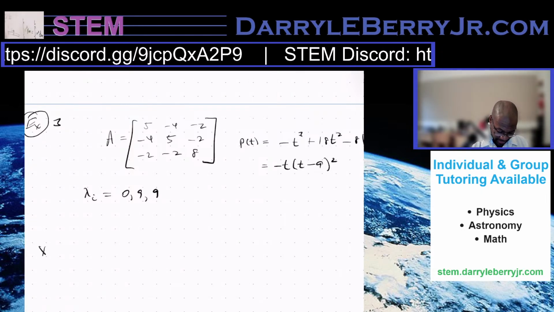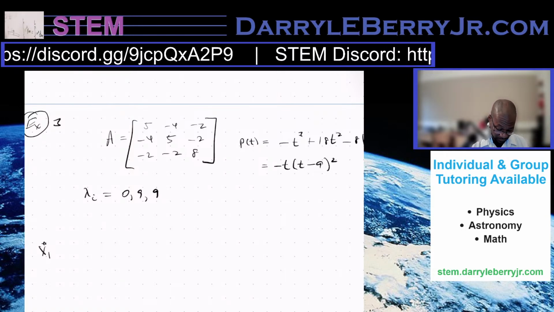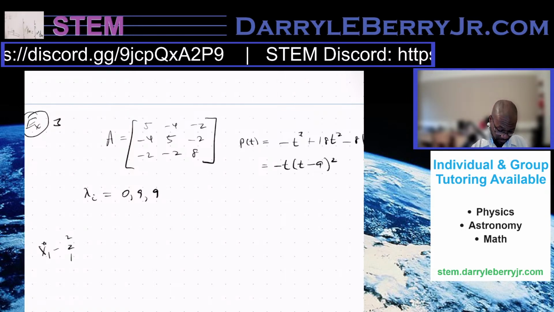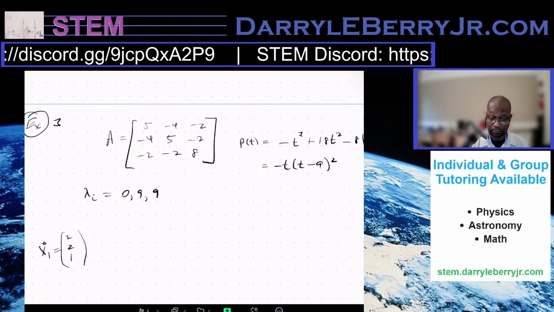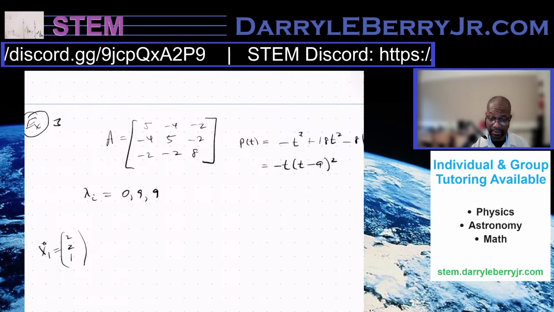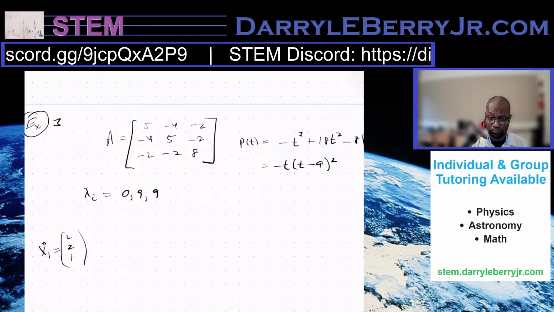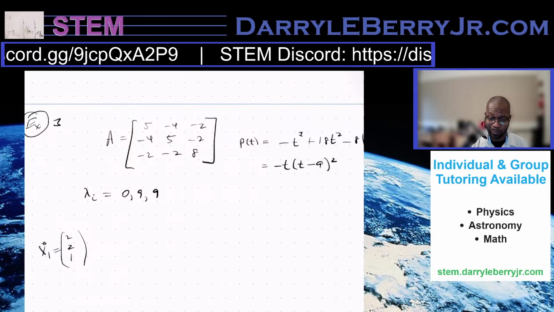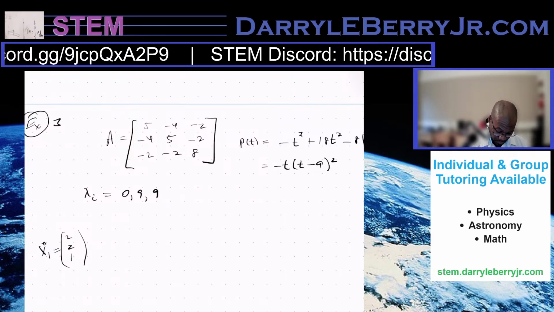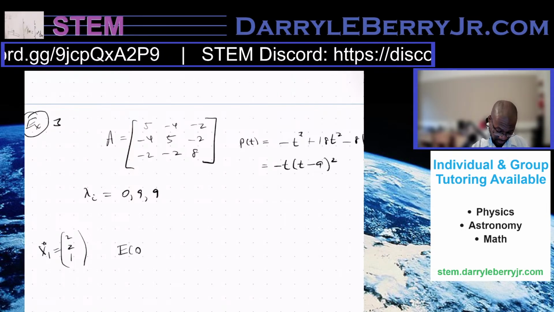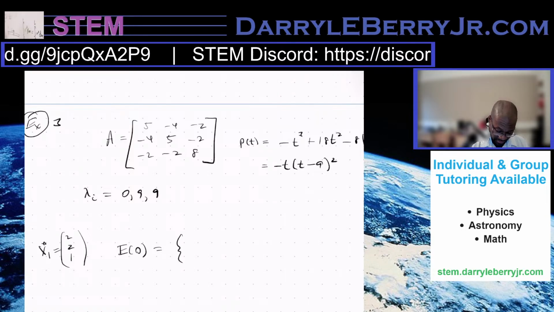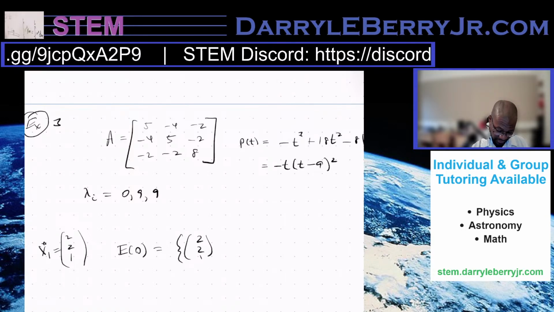Our eigenvector is 2, 2, 1. And this is for E0, which is spanned by this vector.